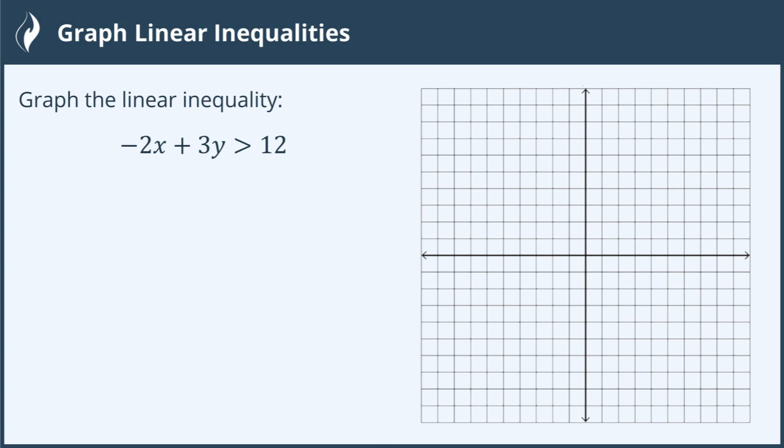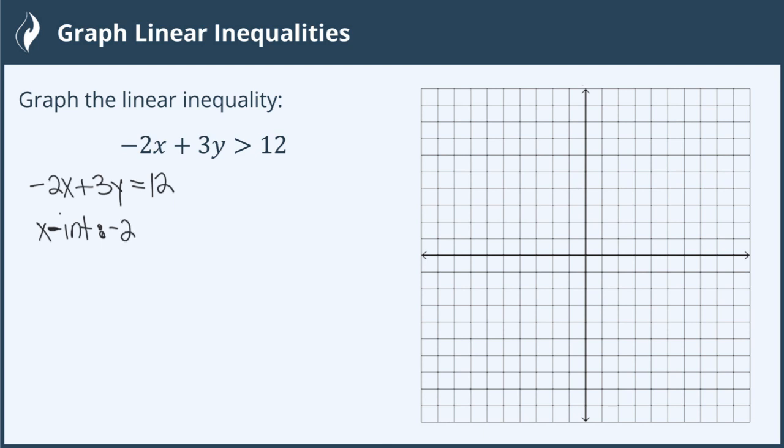So I'm going to start by finding the x and y intercept for the equation negative 2x plus 3y equals 12. So the x-intercept is where y is 0.